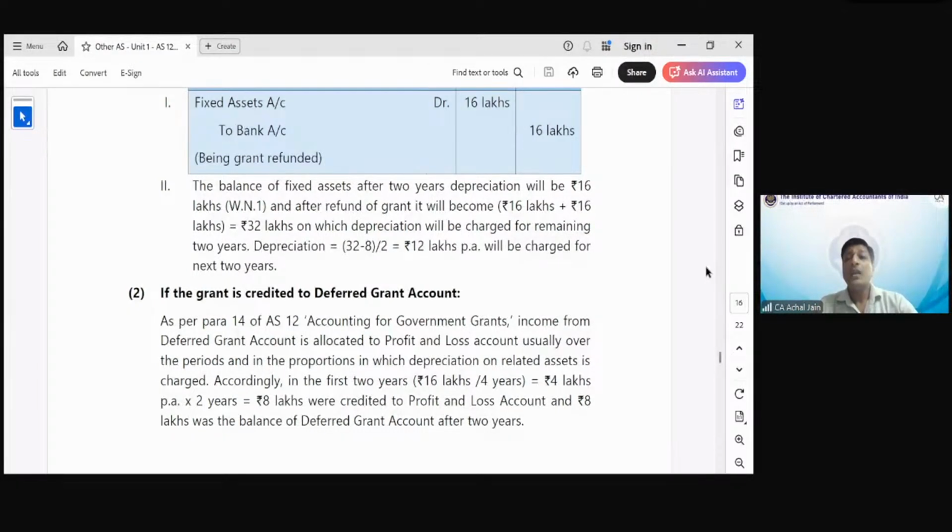Now 32 lakhs has a remaining useful life of 2 years, but the residual value is unchanged. So on a go forward basis, what is going to be the amount of depreciation? 32 less residual value divided by remaining useful life. So that means 12 lakhs per annum. 12 lakhs per annum. Right?